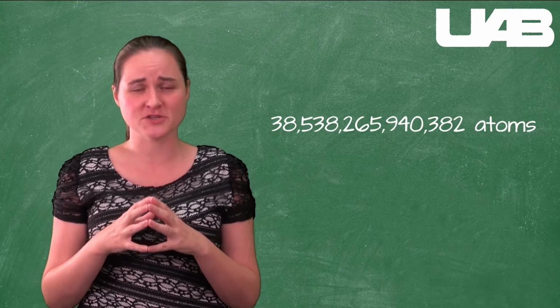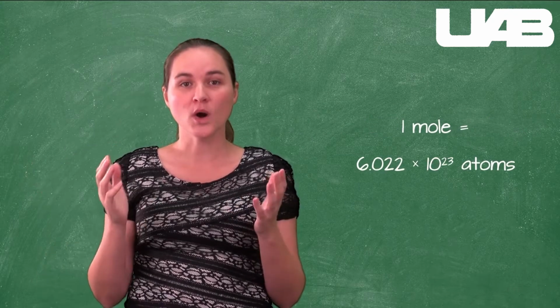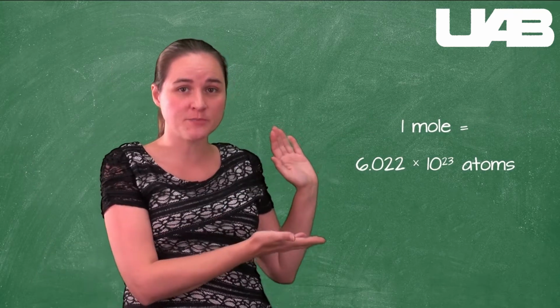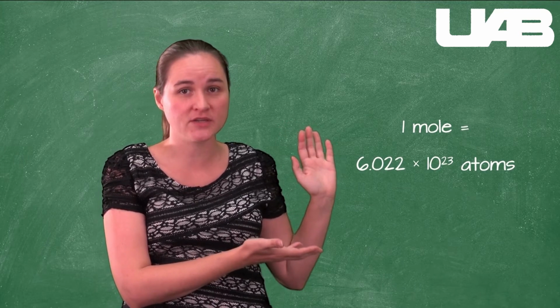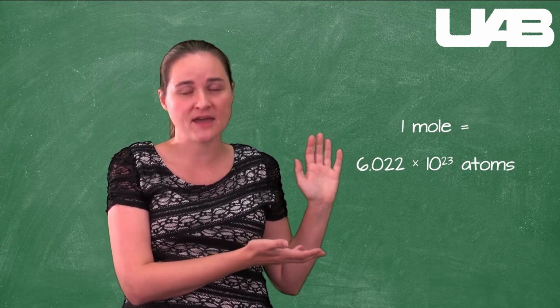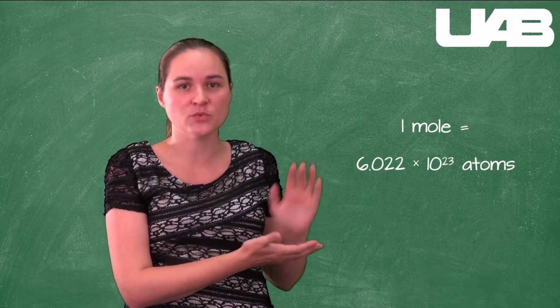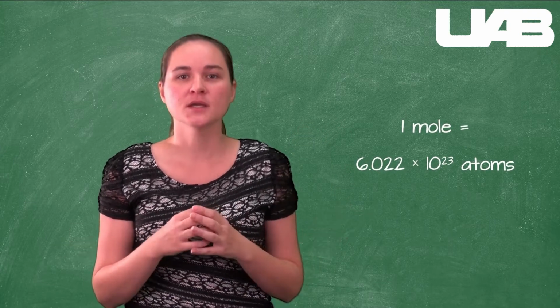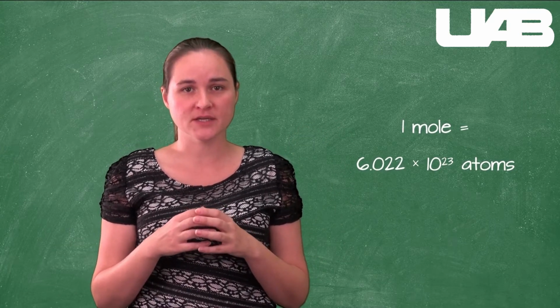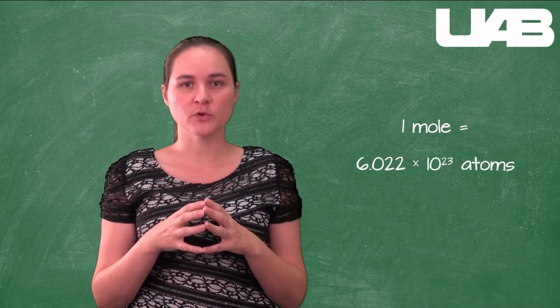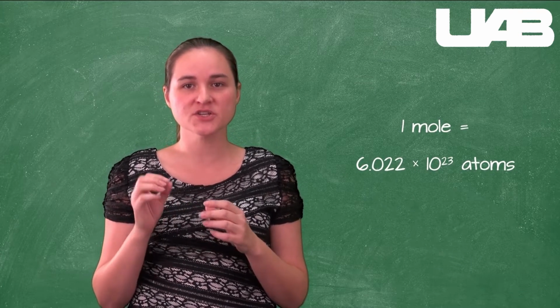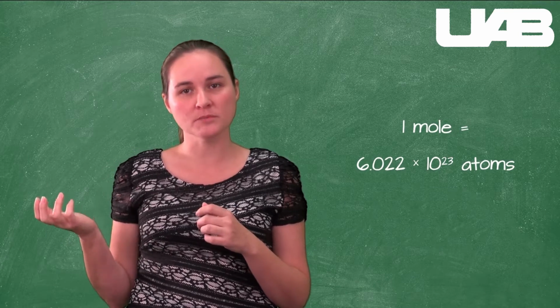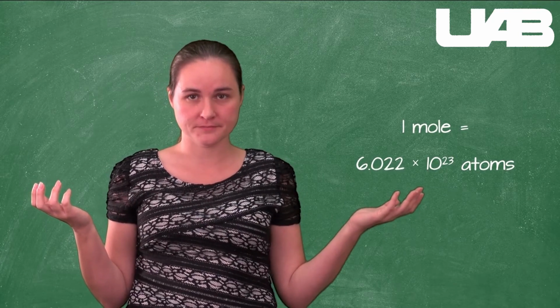So we use a unit of measurement called the mole. 1 mole represents 6.022 times 10 to the 23rd atoms, in the same way that, for example, 1 dozen represents 12 of something. Using the mole and moles per liter, or molarity, we can report concentrations in amounts that are easier to work with, such as 1 molar or 0.4 molar.